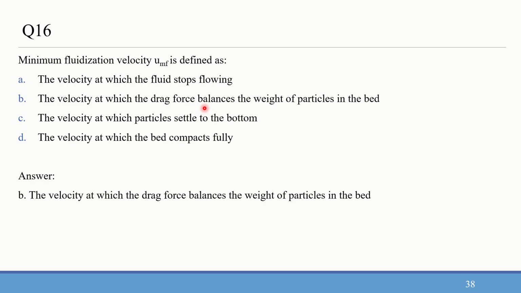So the particles stay suspended in the bed, but they are not expanding or moving as in the fluidized bed, and they are also not compactly packed as in the packed bed. So option B is the right answer: the velocity at which the drag force balances the weight of the particles in the bed. So that is question 16.